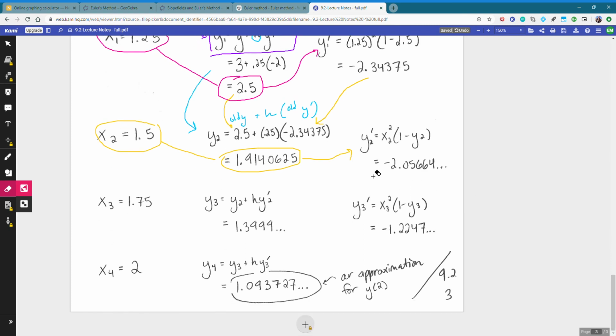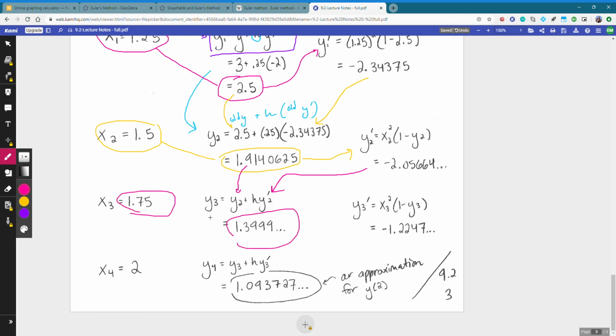Once we have that information, we can put that together and find our next y value over 1.75. Once we have our x and y there, we can find our new y prime at that point.